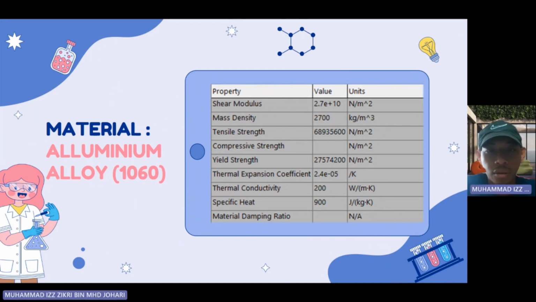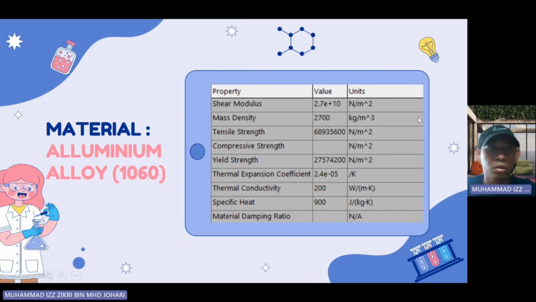The properties of this material are shear modulus, and the value is 2.7 E plus 10 Newton per meter square, and mass density is 2700 kilogram per meter cube, and tensile strength is 68 million 935,600 Newton per meter square, and we also use compressive strength, weight strength, thermal expansion coefficient, thermal conductivity, specific heat, and material damping ratio in this property.